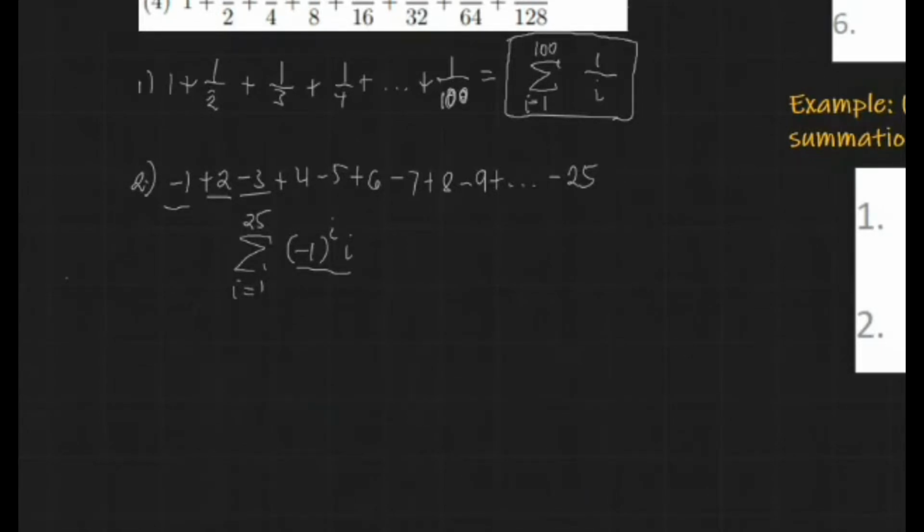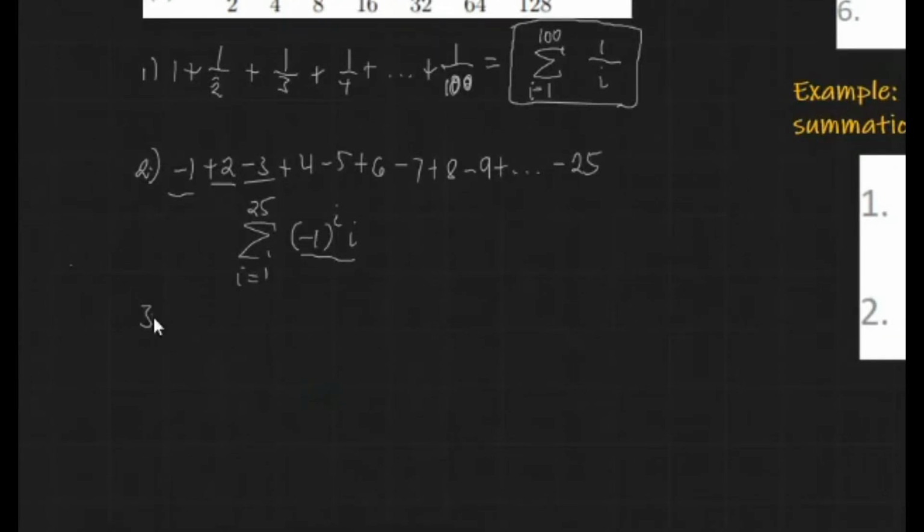Number 3 given is a sub 2 plus a sub 4 plus a sub 6 plus a sub 8 plus until a sub 20. Okay. So dito, ang nababago naman yung mga subscript niya.